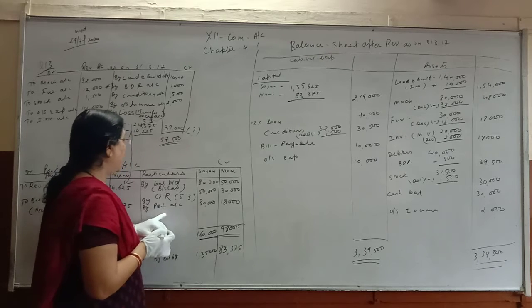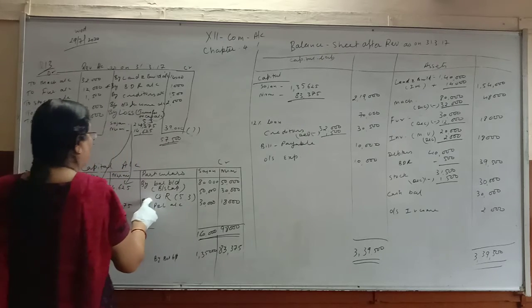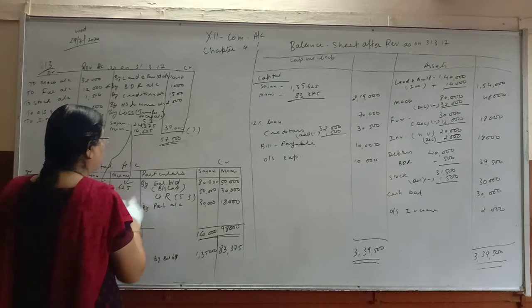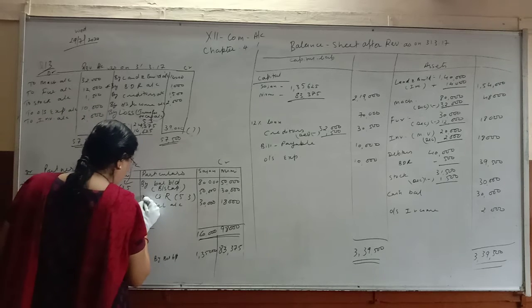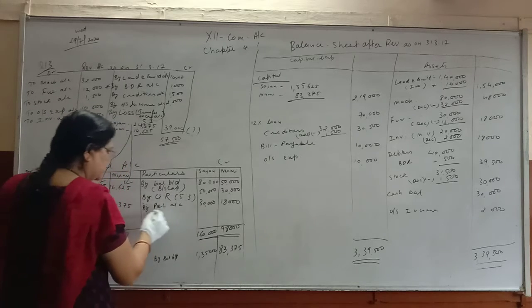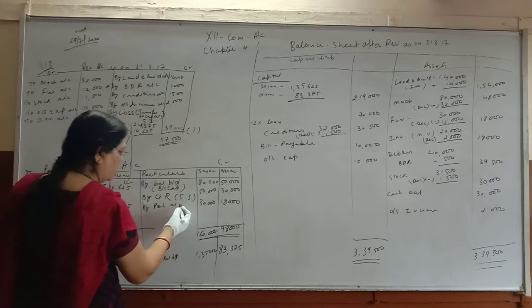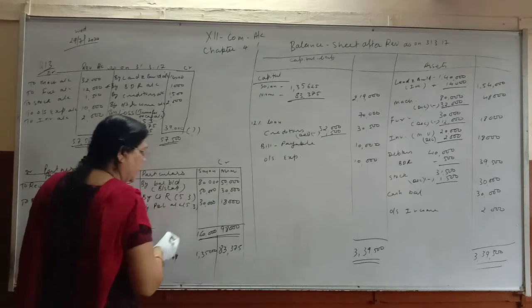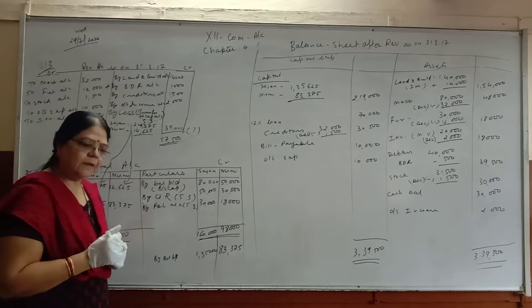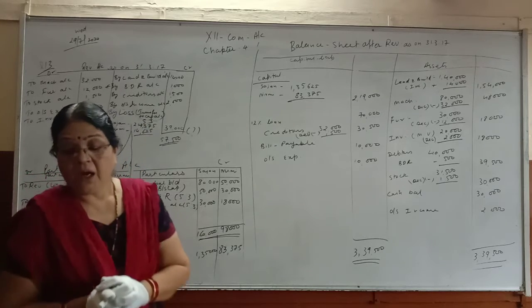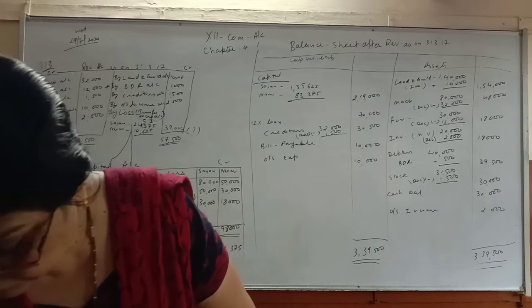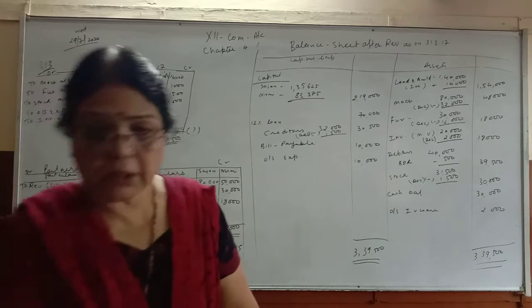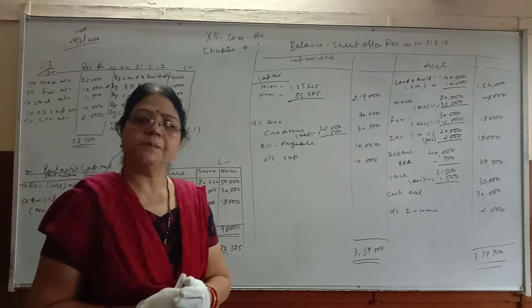Then by profit, by P&L, it is also given in the balance sheet. Okay, we are going to distribute in 5:3. So when P&L is given in the old balance sheet on the liability side, then it is profit.